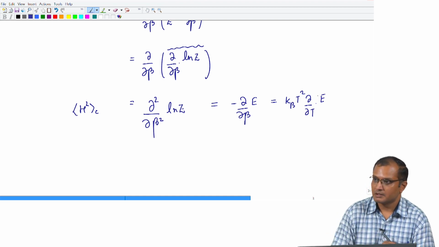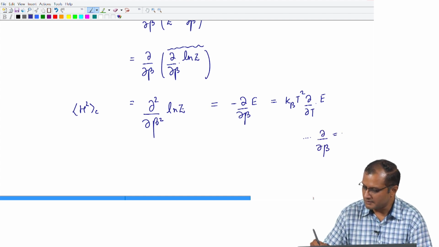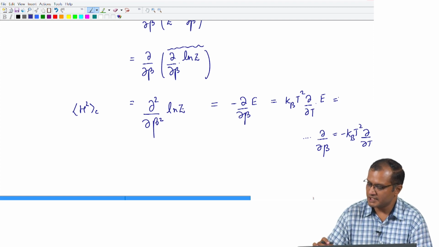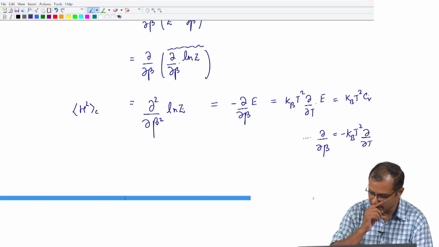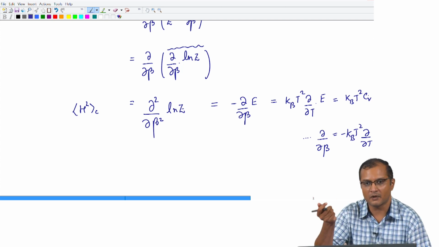If you recall, d over d beta is negative k_B T square d by dT. And finally, you can see that d by dT of the energy is nothing but the heat capacity at constant volume. All these derivatives are at constant volume because we are doing a canonical ensemble problem.